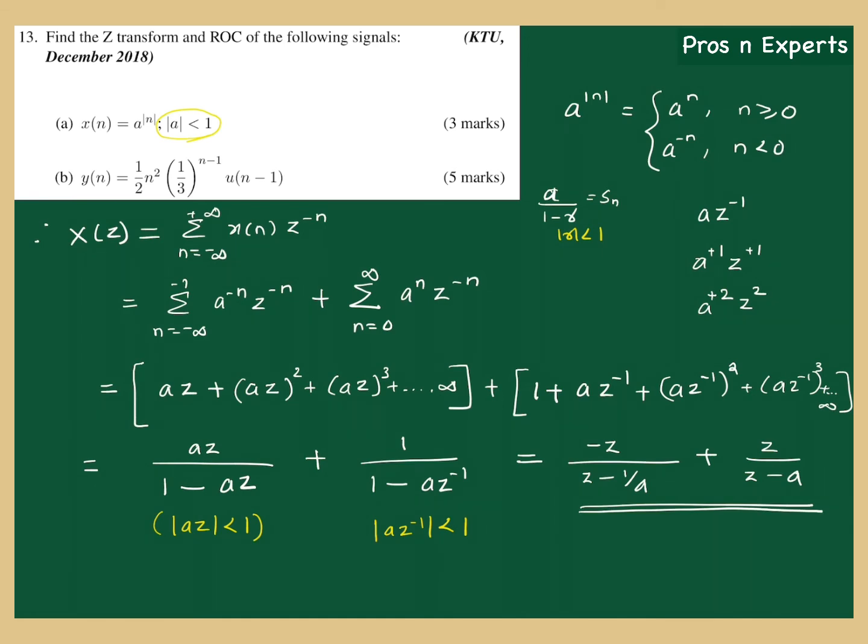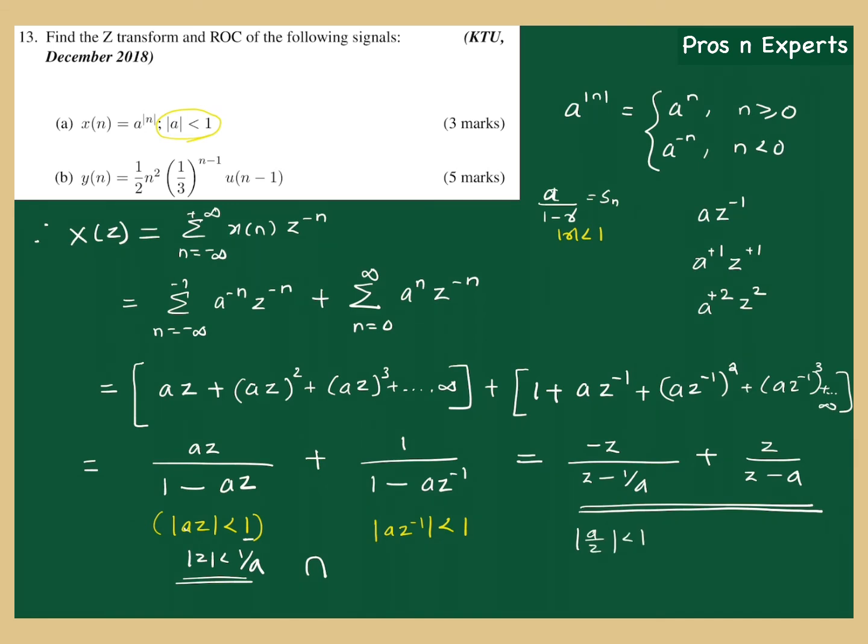But what is the ROC? To find the ROC, we have the ROC for individual terms. One is mod az less than 1, or we can write it as mod z less than 1 by a, right? You have to take a to the denominator of this side. So mod z less than 1 by a. Intersection. What about this term? Mod a z inverse is less than 1 means mod a by z is less than 1.